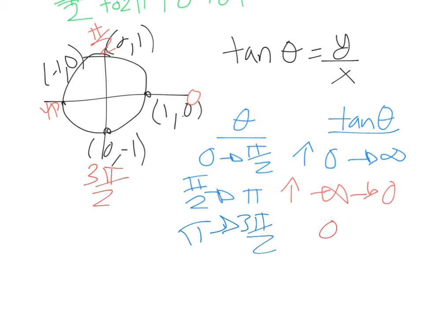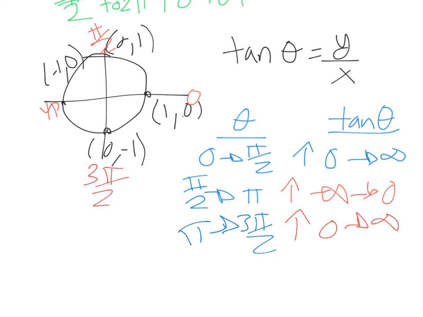When we get to 3 pi over 2, both x and y are negative, and it's the same situation as before, because the y coordinate is -1, but the x coordinate is getting really, really close to 0 from the negative side. So this will be exploding to positive infinity. So again, increasing.